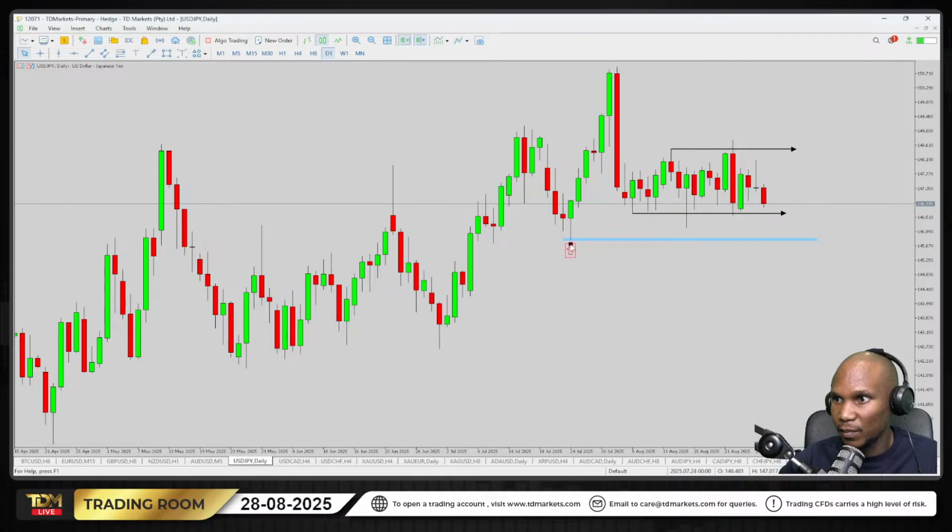So I would anticipate price to go down, break this low, and then from there on, it can do anything it wants to do. So I think this would be the opportunity I would look for. First, getting a break below, and looking for a push to the downside.